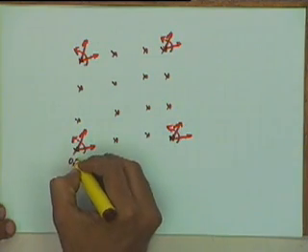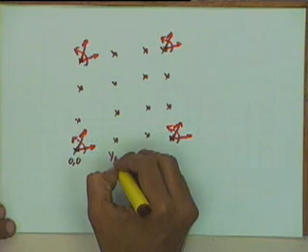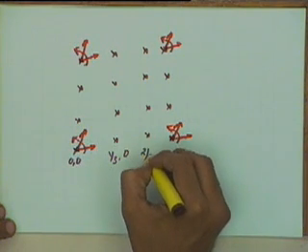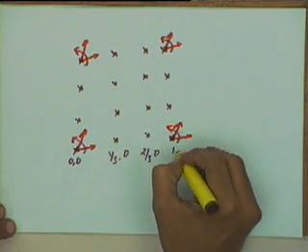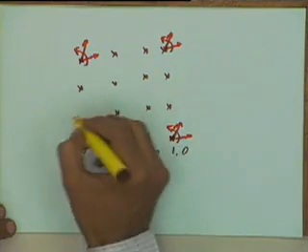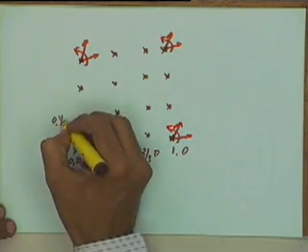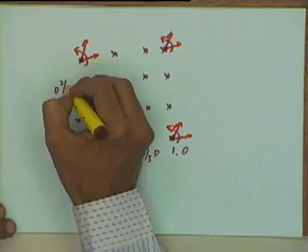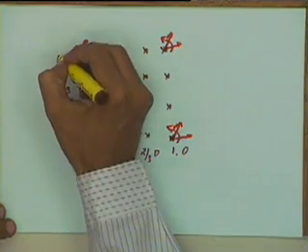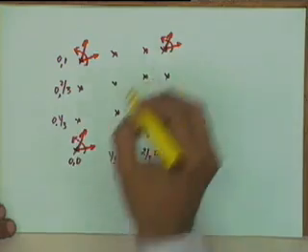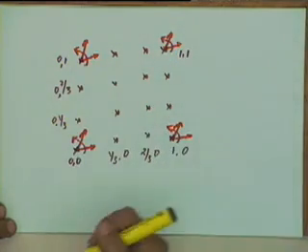Let us say this is at 0 0, maybe this is at 1 by 3 0, this is at 2 by 3 0, this is at 1 0. Similarly, this maybe is at 0 1 by 3, this is at 0 2 by 3, and this is at 0 1. And this is at 1 1. The others you can fill up.